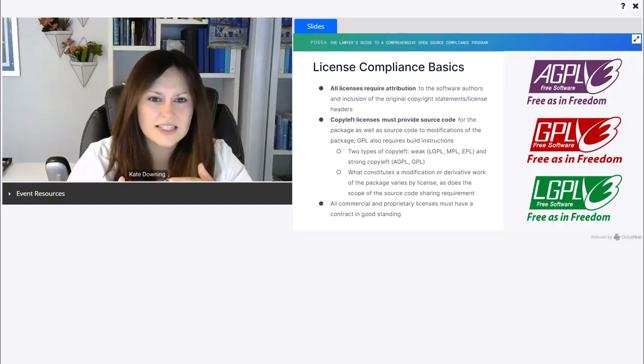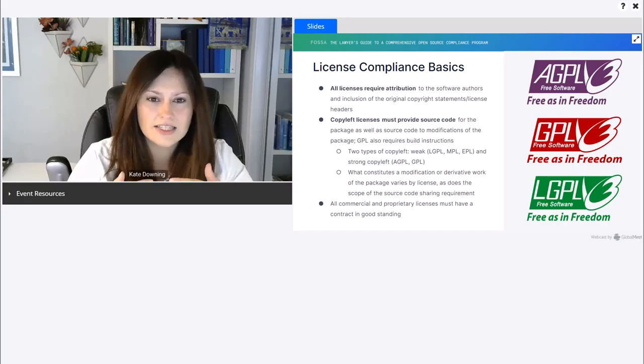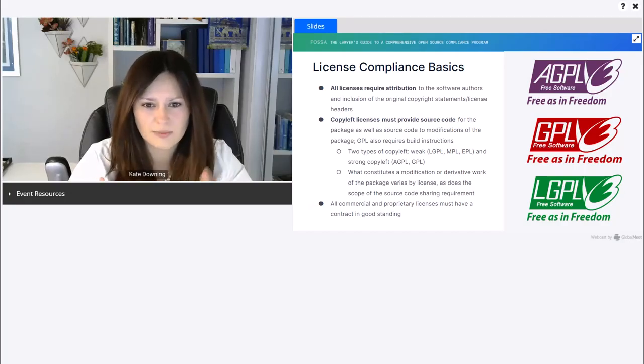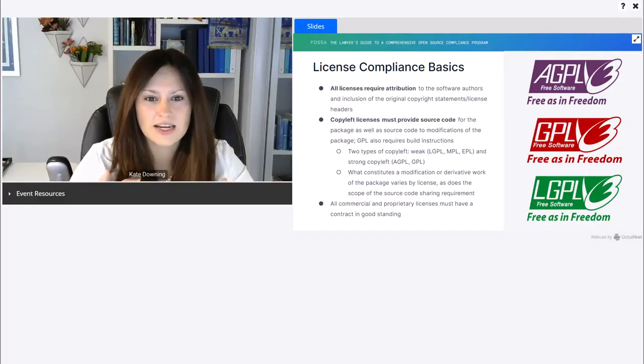There's also a set of licenses that we term copyleft licenses. In addition to the attribution requirements, these licenses require that you also pass on the source code to the underlying package. Depending on the kind of license, we call them either weak copyleft or strong copyleft. You may also have to pass along modifications to that source code if you make any.